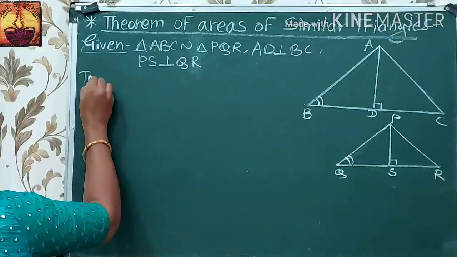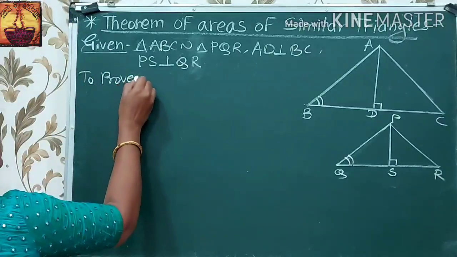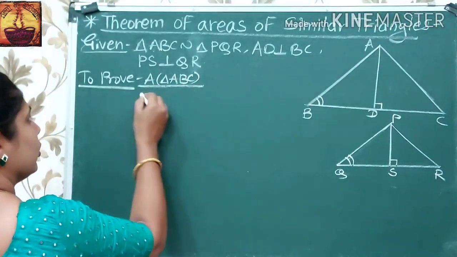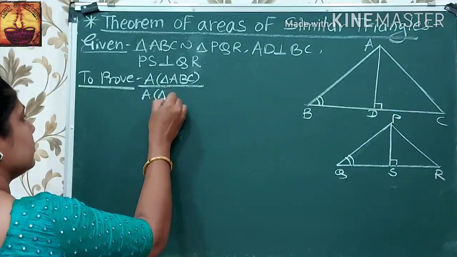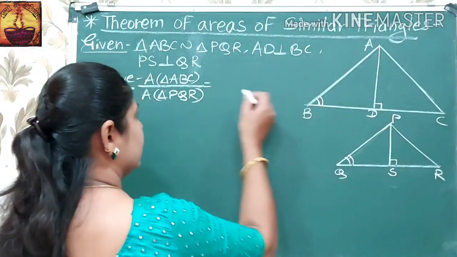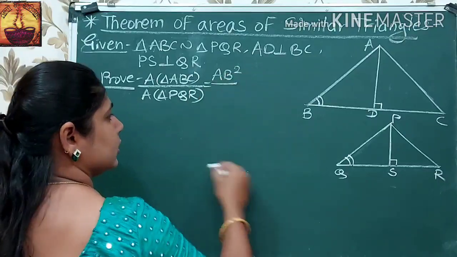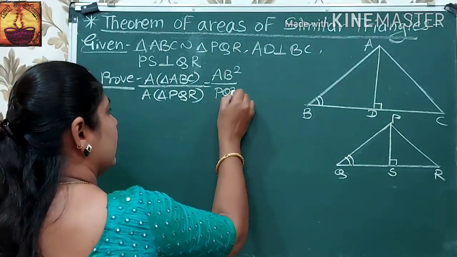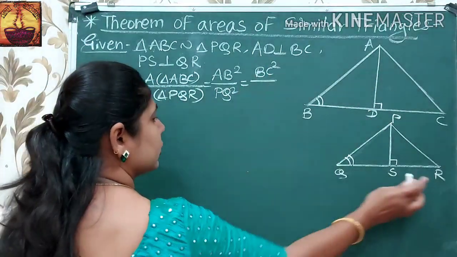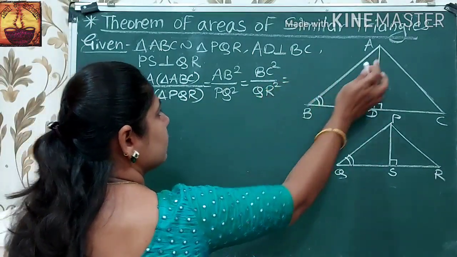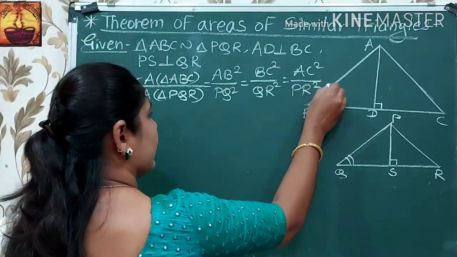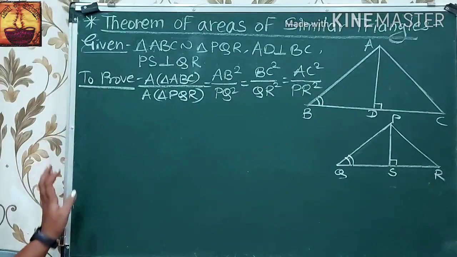Therefore, write to prove: area of triangle ABC upon area of triangle PQR is equal to AB square upon PQ square is equal to BC square upon QR square is equal to AC square upon PR square. We have to prove that.